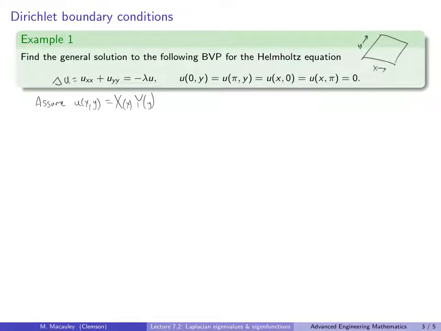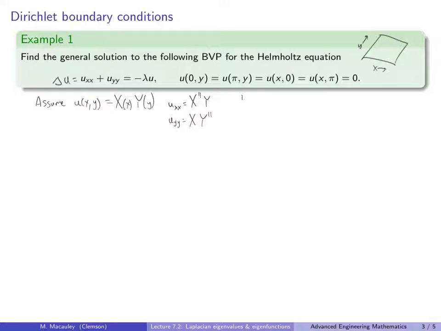And before we plug back in, we need to take derivatives. So we have u x x equals big X double prime times y, and u y y equals big X times y double prime.